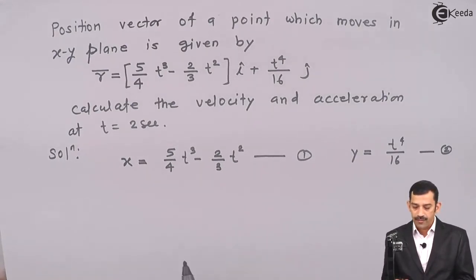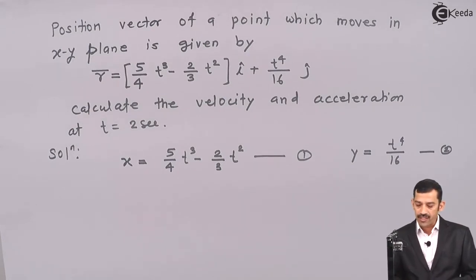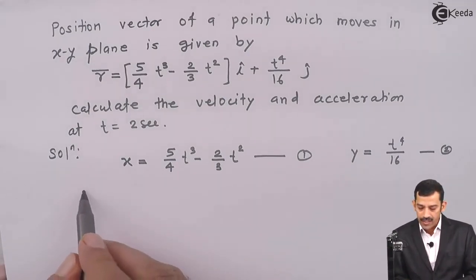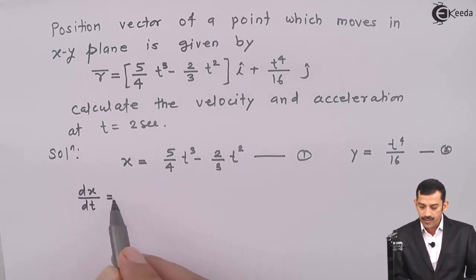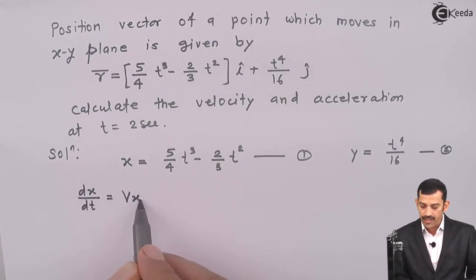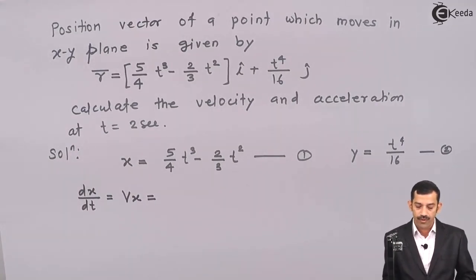What we'll do here, if we differentiate x with respect to time t, we'll get the component of velocity along the x-axis. And if we differentiate y with respect to time t, we'll get the component of velocity along the y-axis, in terms of time t. Therefore, differentiating equation number 1, dx by dt equal to the component of velocity along the x-axis, is equal to, now we'll differentiate 5 by 4 t cube.